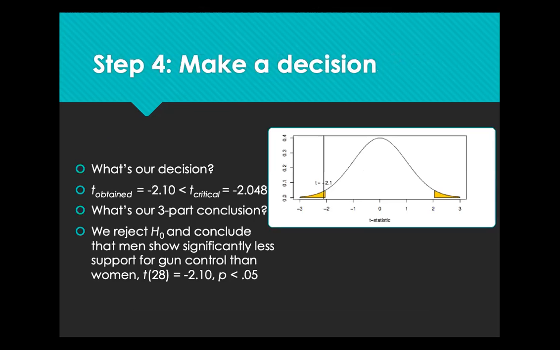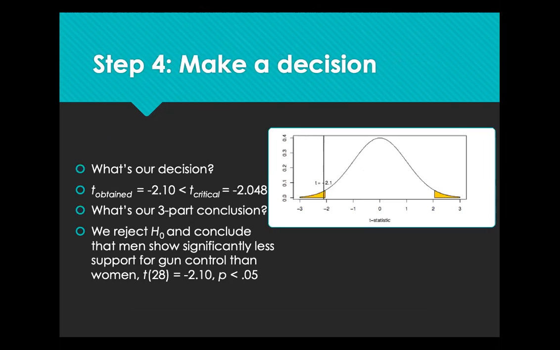So the next step is to make a decision on whether we reject or fail to reject the null hypothesis. To decide that, we're going to look at t obtained. What is the t that we calculated? From that last slide, it's negative 2.10. And compare that with t critical, which was negative, remember positive or negative, 2.048.